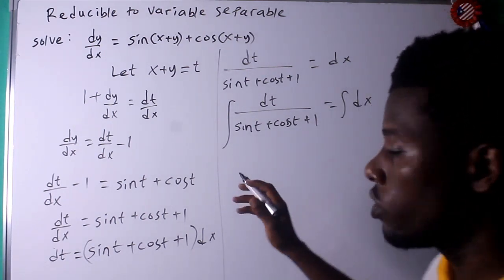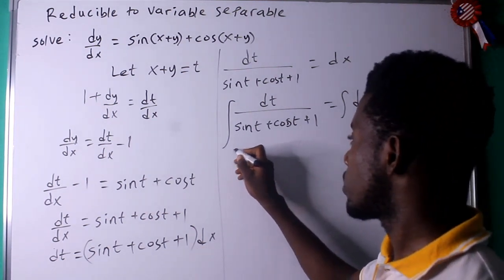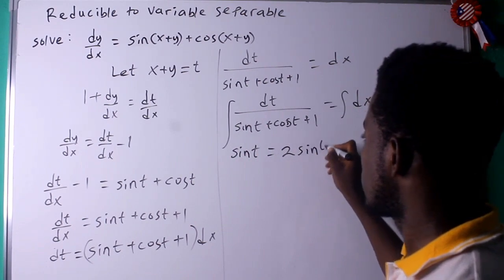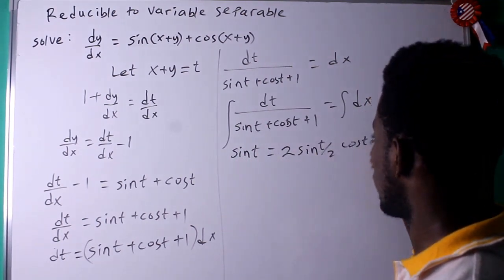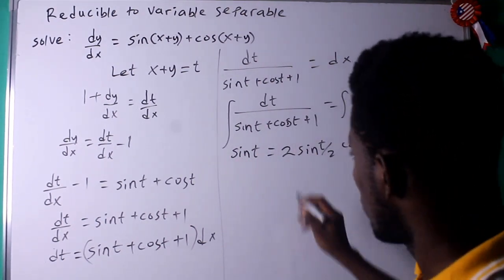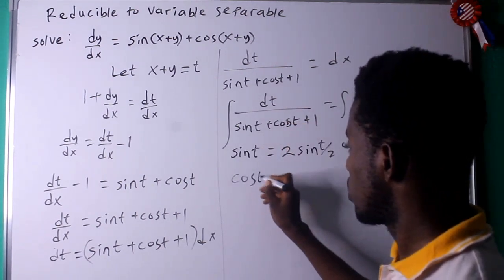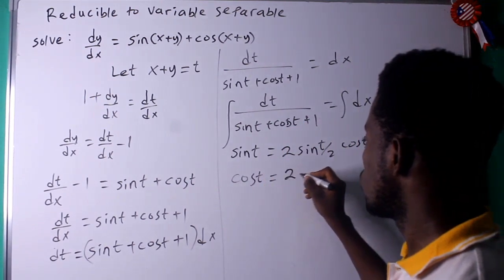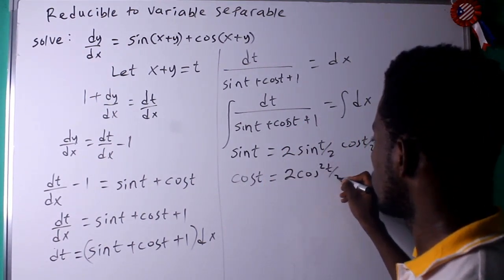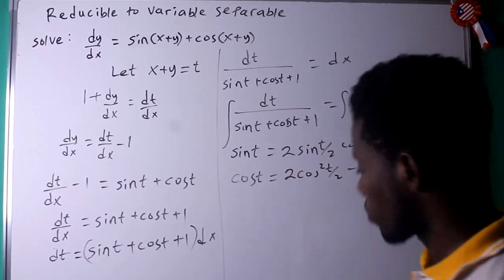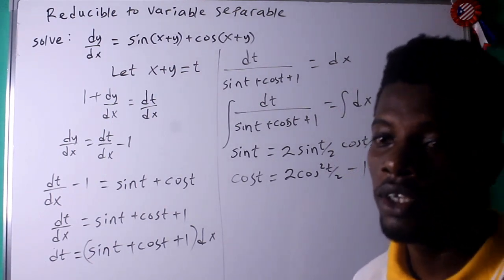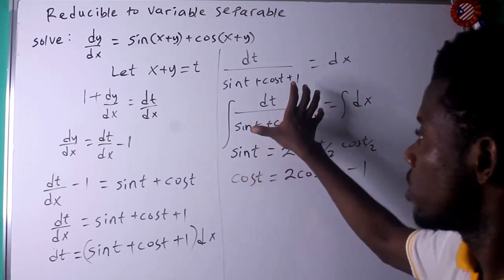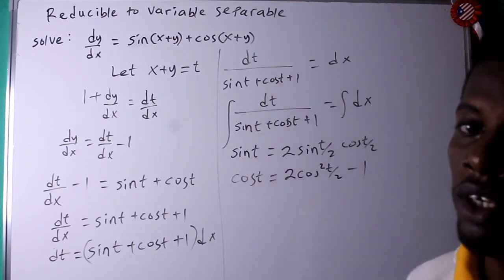In this case, I'm going to remind you that sin t is 2 sin t over 2 cos t over 2. And then the value of cos t is 2 cos squared t over 2 minus 1. So I'm going to replace these two values for sin t and cos t into this integral and try to evaluate it.